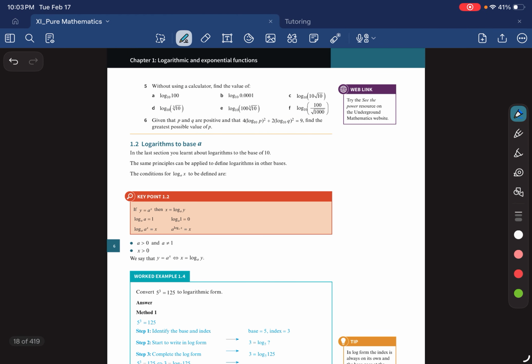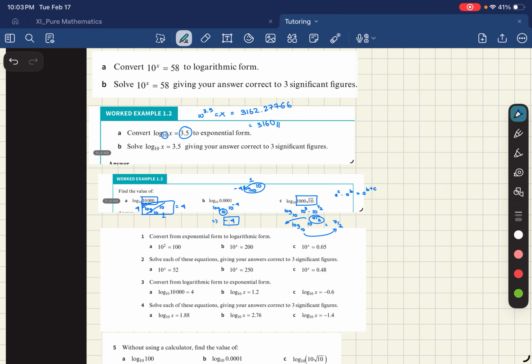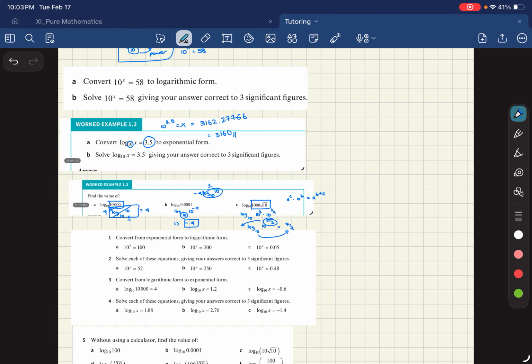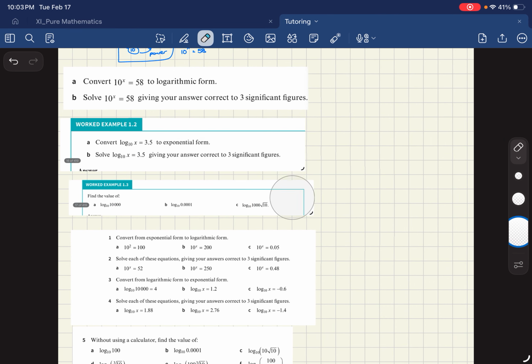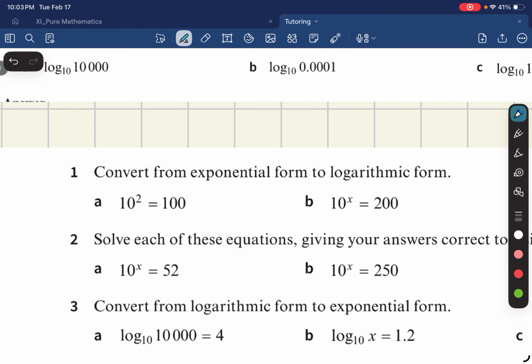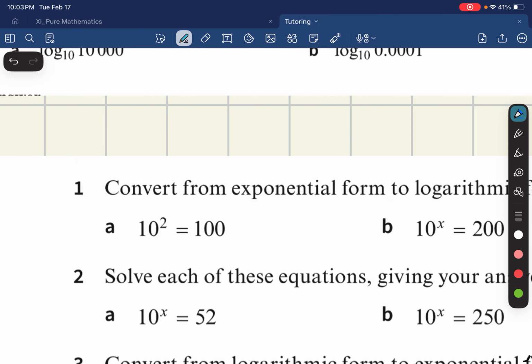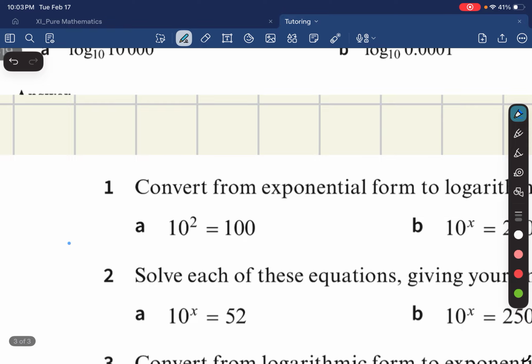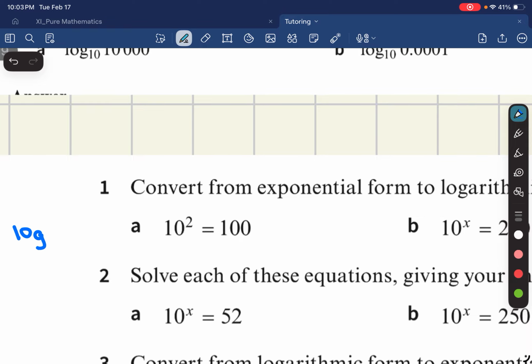So now let's do some more questions. And we're approaching the end of the section. So we'll go over the questions very quickly. So it just says convert from exponential to logarithmic form. What you want to do, you want to keep your base. Your base is 10. And basically you're saying that if I raise 10 to this power 2, I'm getting 100.